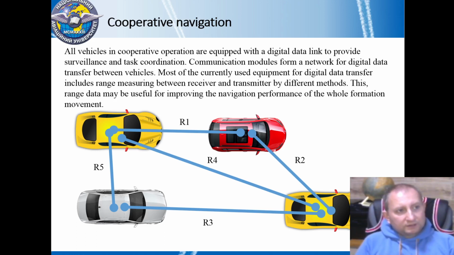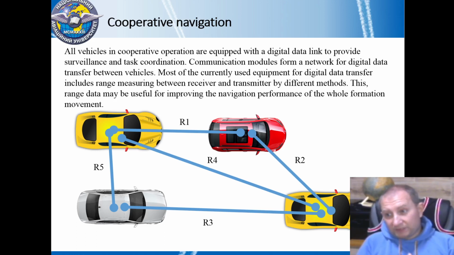Most of the currently used equipment for digital data transfer includes range measuring between receiver and transmitter by different methods, and in this case the most useful is a method based on losses of energy during the radio waves propagation.